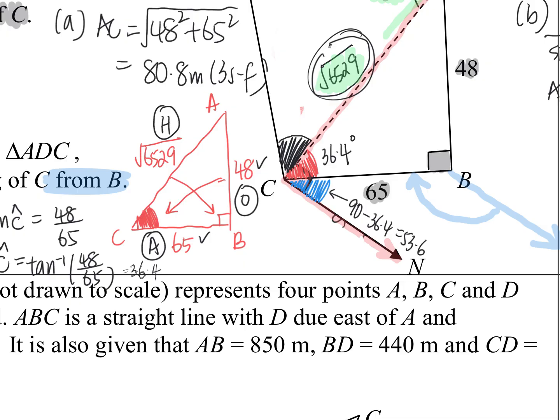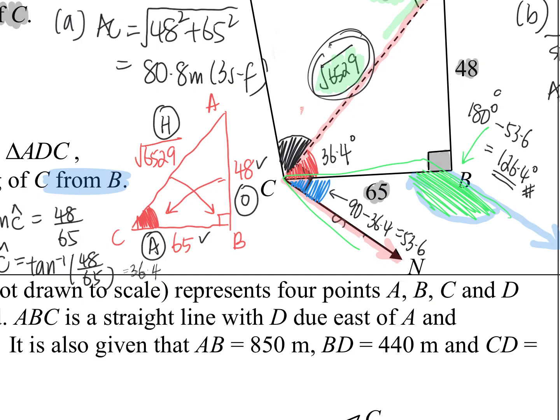Knowing the blue one, now I can use interior angle to help me find this, because these two should technically add up to 180. So to find this bearing, I will use 180, take away the 53.6. So it's 126.4.